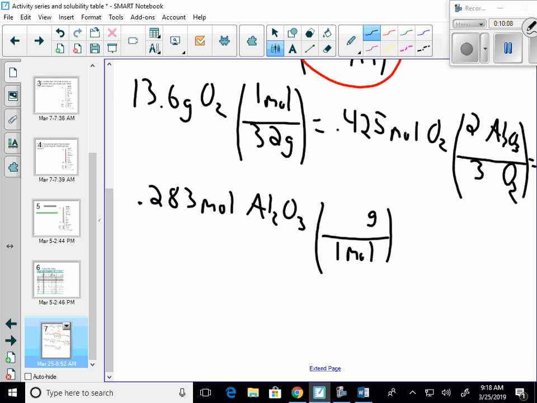Let's use the periodic table again, just like we've been doing for 4 months. I have 2 aluminums plus 3 oxygens from the periodic table. I add all that up, and I'll help you out with that, 101.98. This gives me a final answer of 28.9 grams of Al2O3.